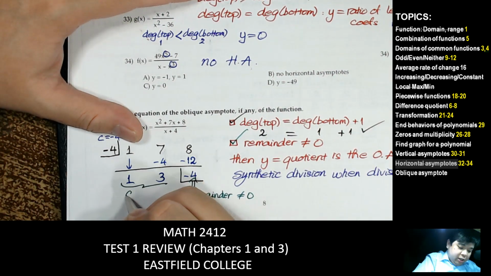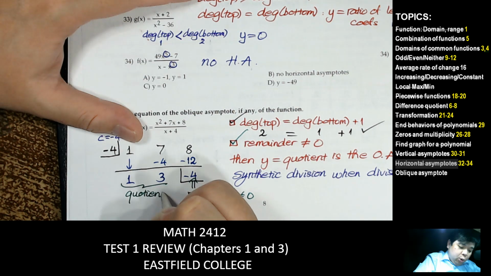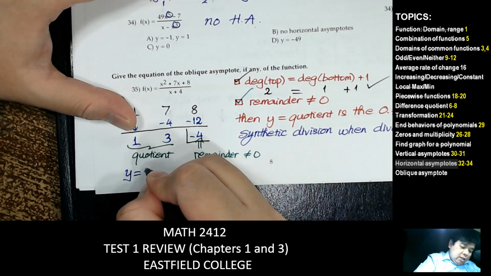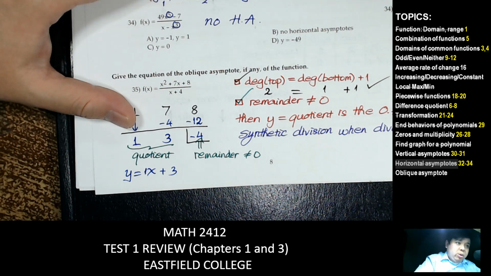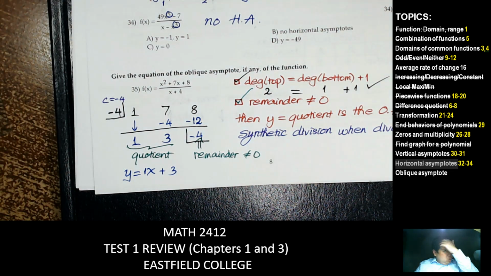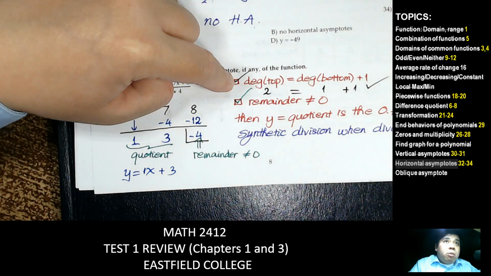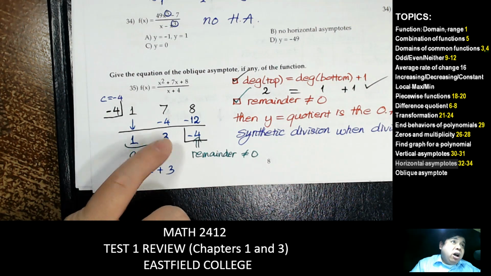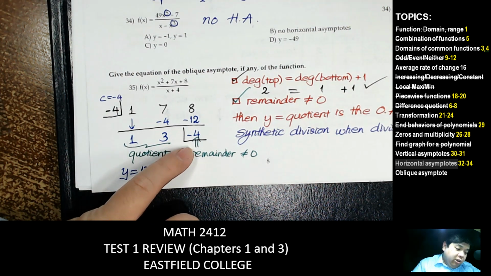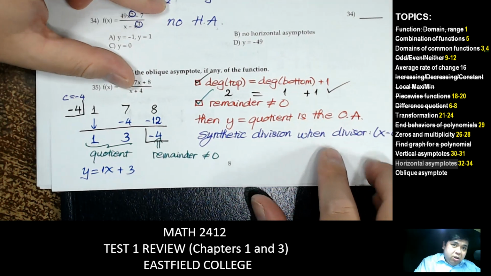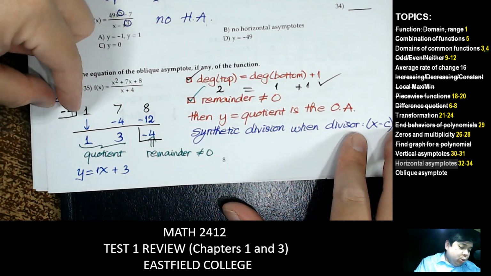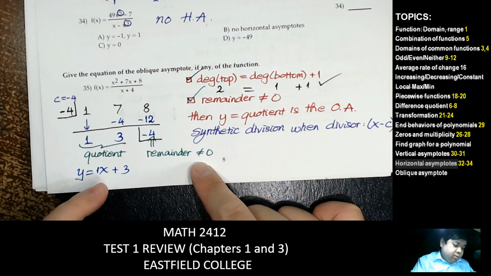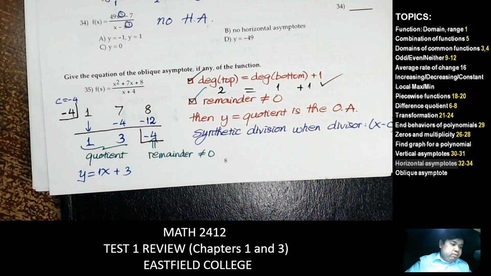And the quotient is here, and that is going to be our solution: y equal to 1x plus 3, or just x plus 3. So for oblique asymptotes, the degree on top is 1 more than the bottom, and the remainder cannot equal 0. We sometimes need to use long division, but because the divisor is x minus c, we use synthetic division, end up with a nonzero remainder, and the quotient is x plus 3. That is our answer.